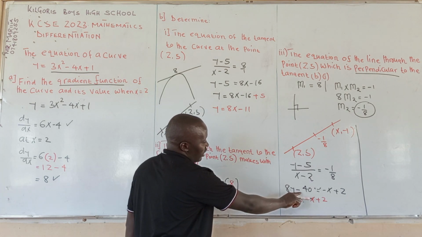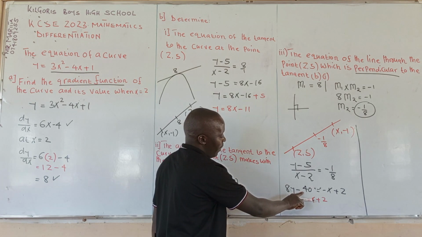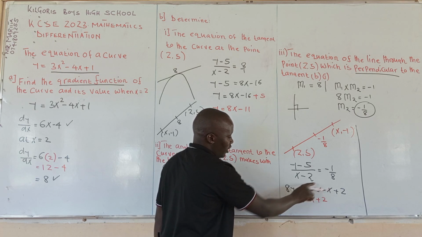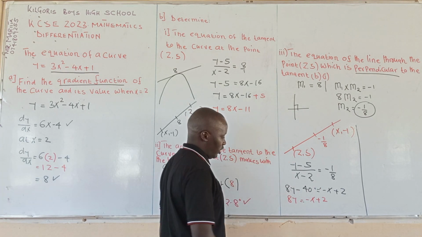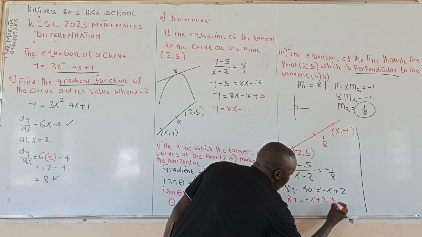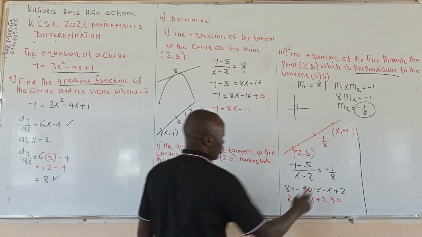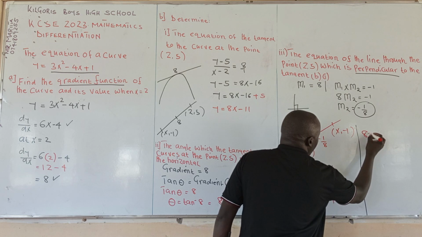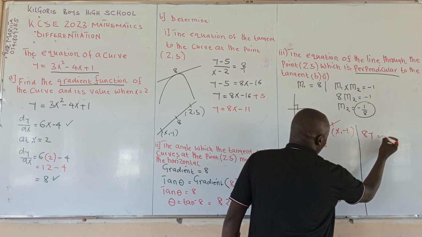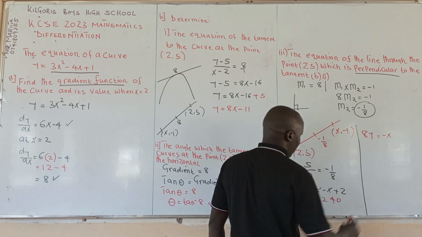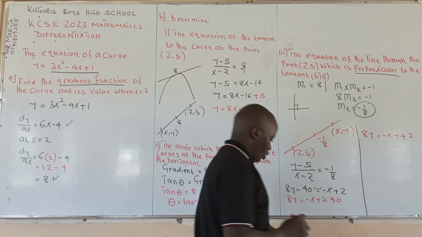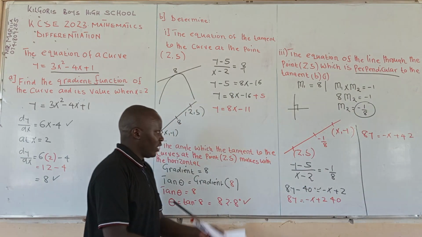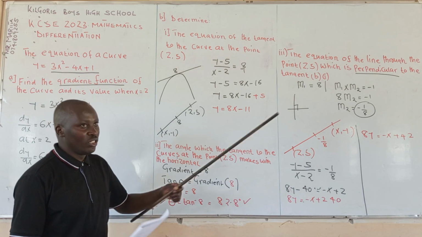Then we remove this -40 from here; it will cross the equal sign and change from negative to positive. So we have 8y is equal to minus x plus 42.